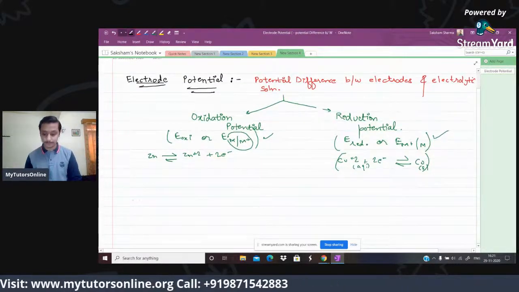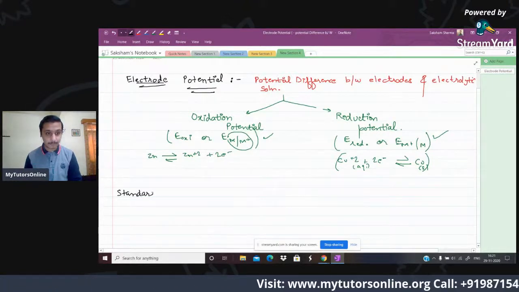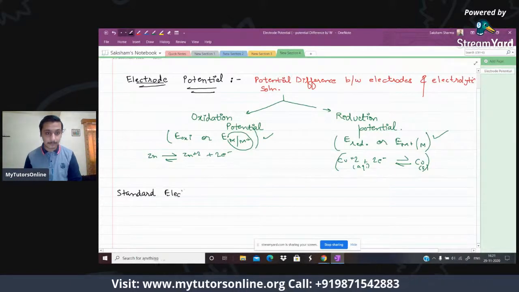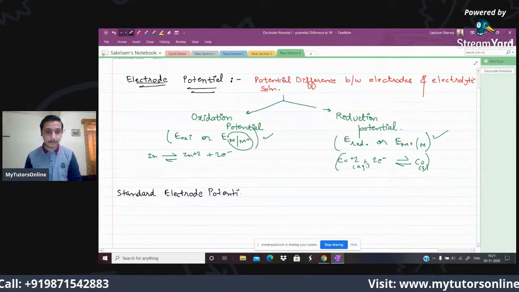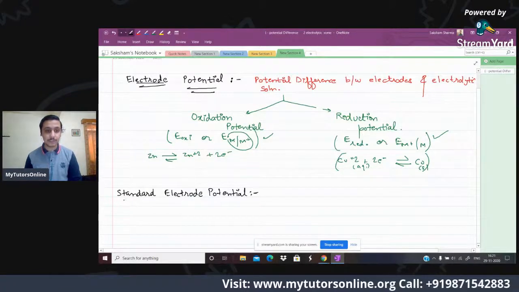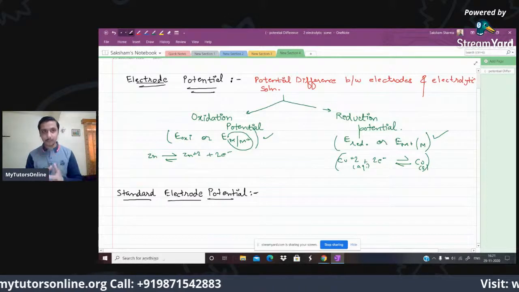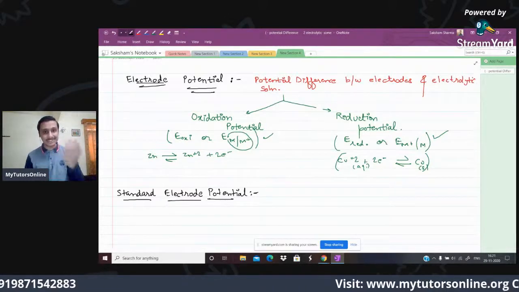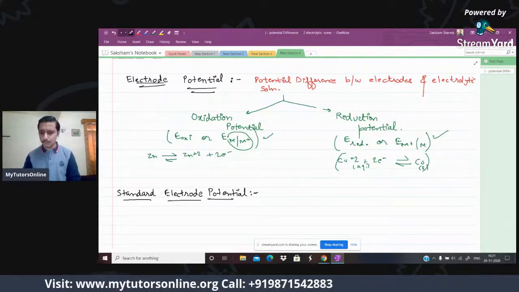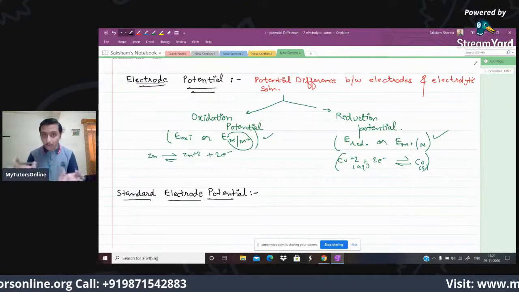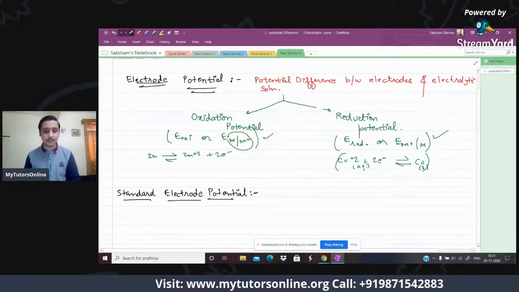So basically, this is the electrode potential which is measured at standard pressure, which is 1 bar, and at a fixed temperature, which we generally take as room temperature, and the concentration of all the ions is 1 molar. Okay, so that is your standard electrode potential.